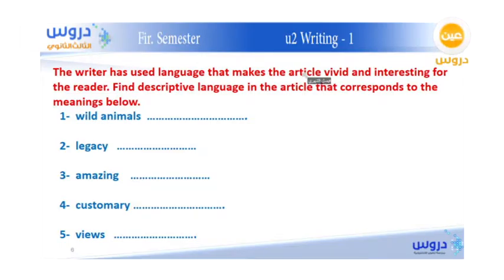No. The question is, can you find any words in the passage matching the words listed here? Animal, wild animals, legacy, amazing. So can you match it with the mentioned words in the passage? Alright, good. That is amazing. We will check together.